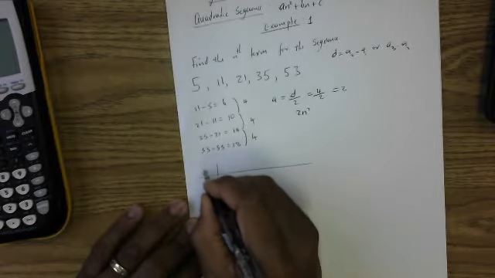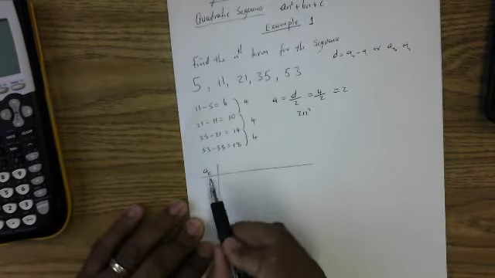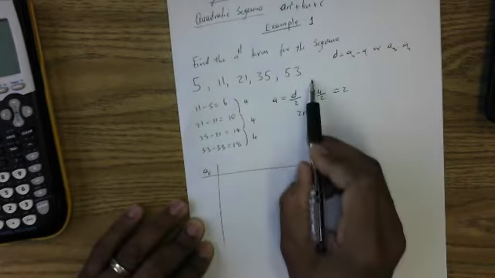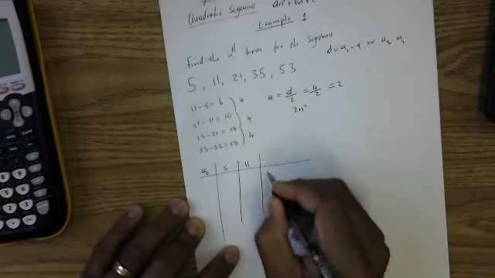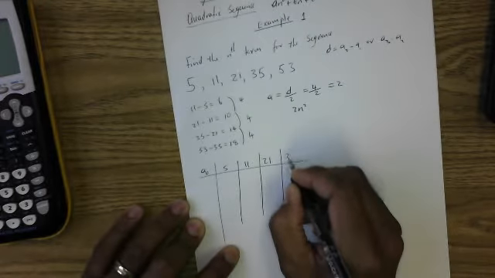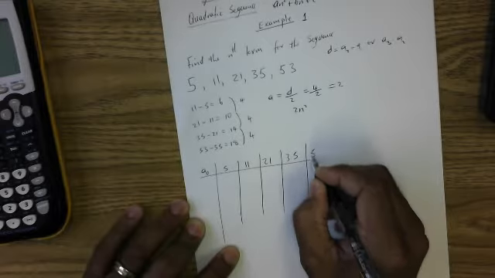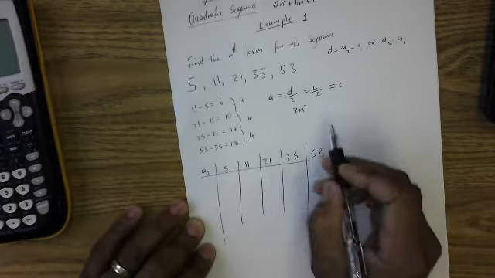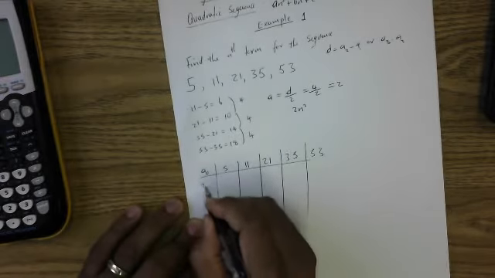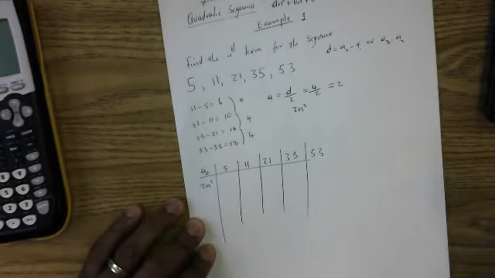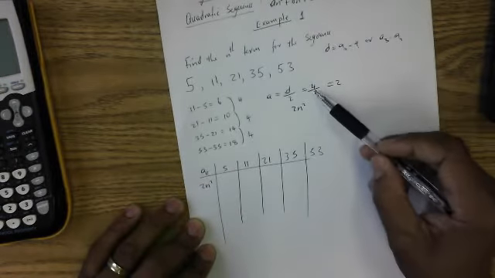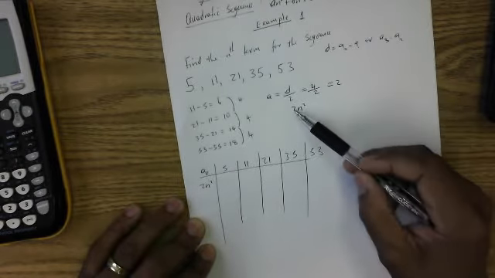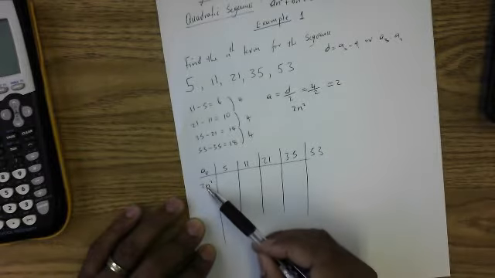In our table, we call this part a sub o, where o is the original terms. So I have 5, 11, 21, 35, 53, and this term will come here, so this is 2n squared. Just note that if you had a 10 here, it would be 10 divided by 2, which is 5, so you would have had 5n squared, that would come here.